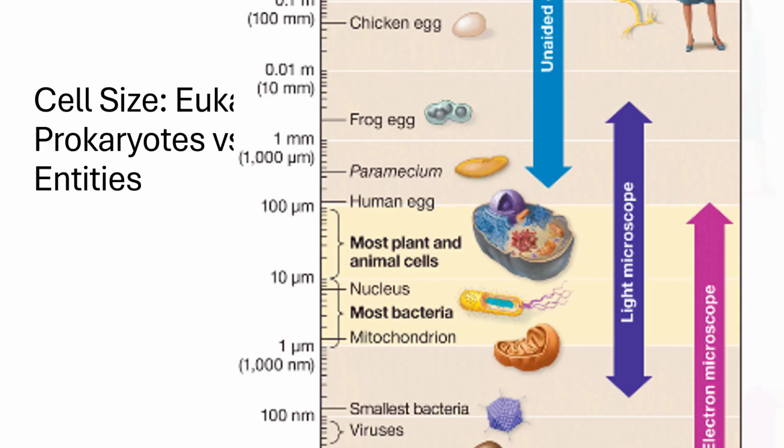They have different shapes depending on the type of cells that they are. Whereas the prokaryotic organisms, that's these guys right here, they're much smaller, and they're usually between 0.1 to 5 micrometers. It takes a light microscope to be able to see these prokaryotic organisms under a magnification of 1,000 times.